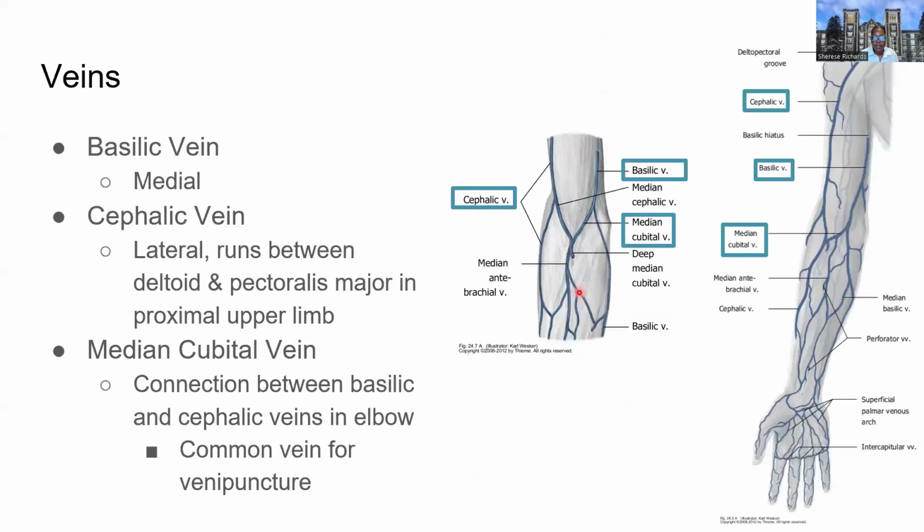Let's look at veins. Veins have a similar principle, but veins are going to be a little bit more superficial, and they're going to sort of drain or converge into themselves as opposed to branching the way the arteries do. So the basilic vein on the medial surface of the arm is going to collect drainage from the medial cubital vein.